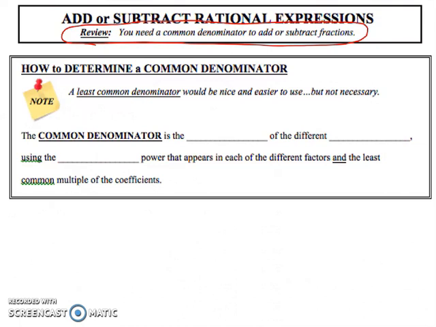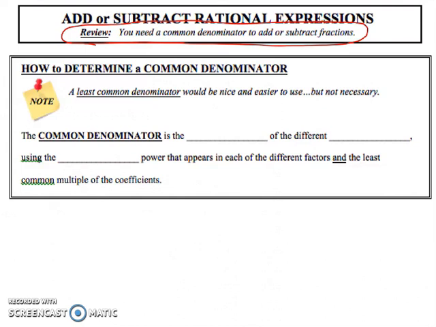We're going to start with reviewing how to determine a common denominator for rational expressions. A least common denominator is always nice and easier to use, but it's not necessary, okay? But it is preferred because it does make your work less in the end.